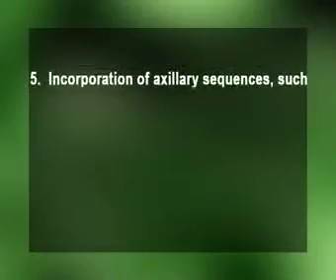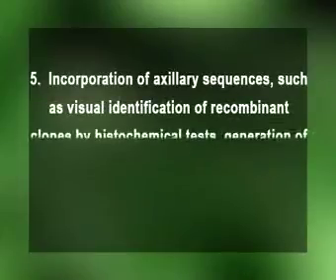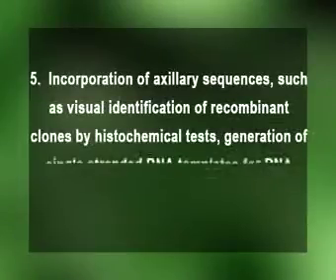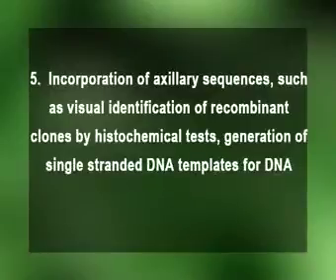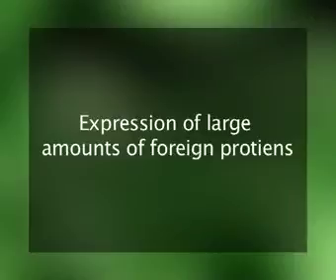Number 5. Incorporation of auxiliary sequences such as visual identification of recombinant clones by histochemical tests, generation of single-stranded DNA templates for DNA sequencing, transcription of foreign DNA sequences in vitro, direct selection of recombinant clones, and expression of large amounts of foreign proteins.